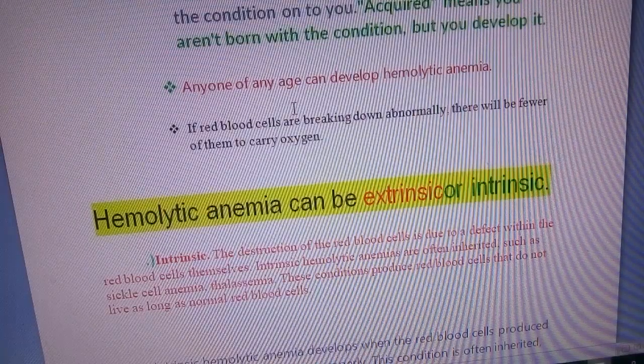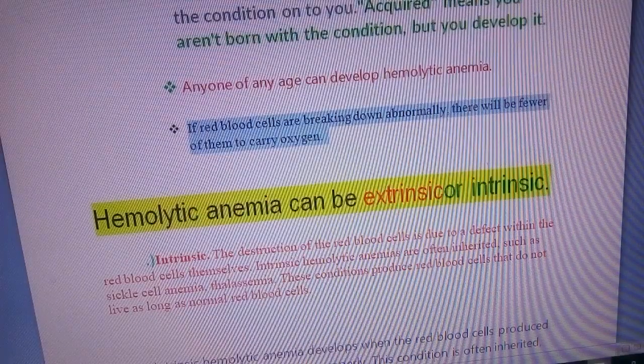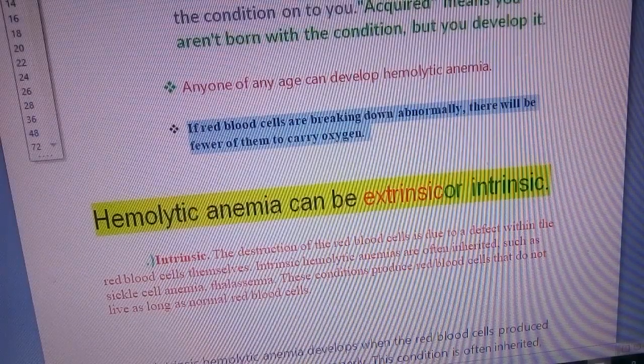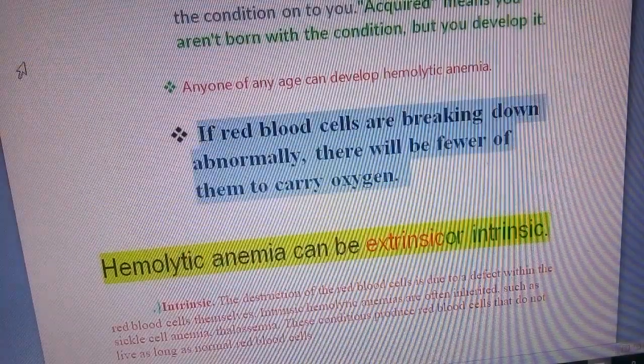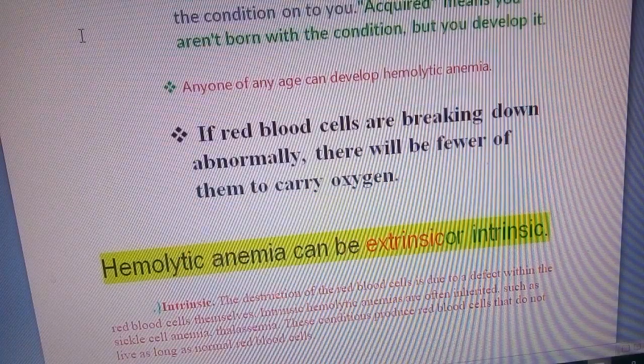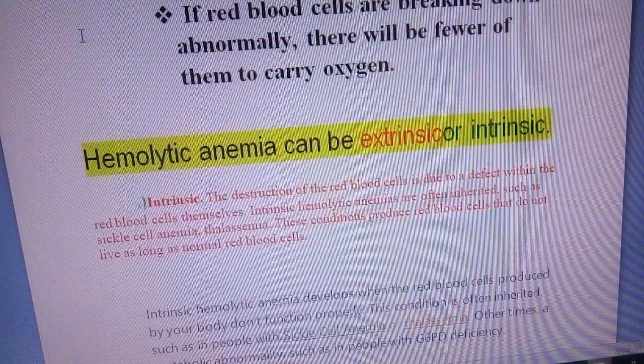Anyone of any age can develop hemolytic anemia. If red blood cells are breaking down abnormally, there will be fewer of them to carry oxygen.